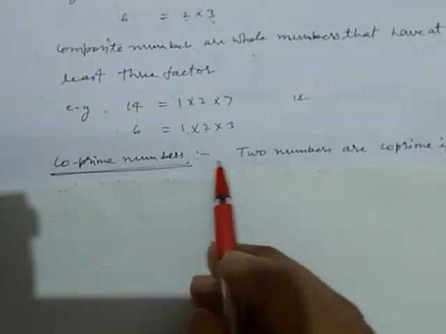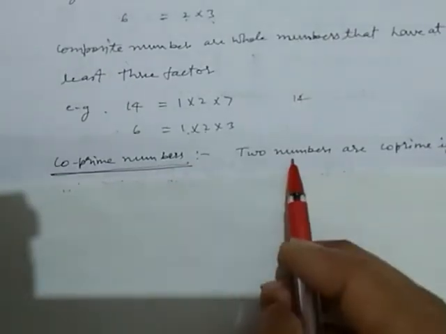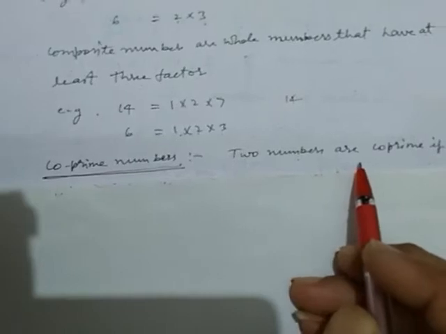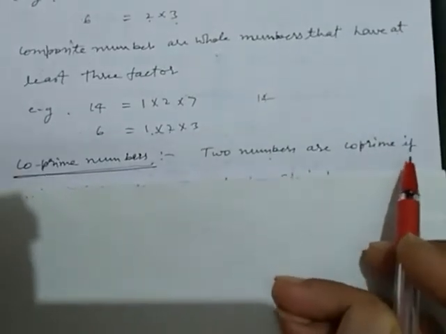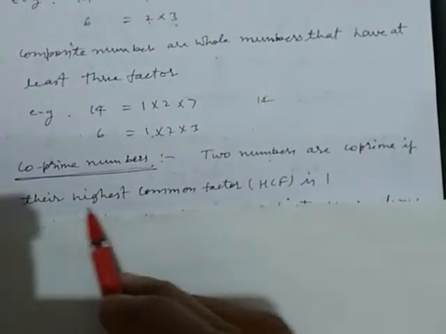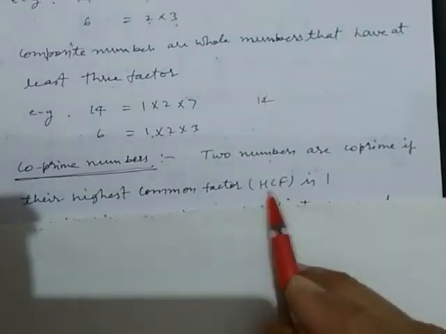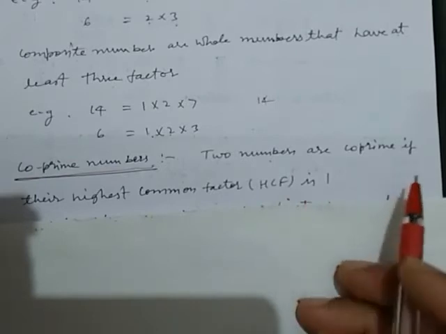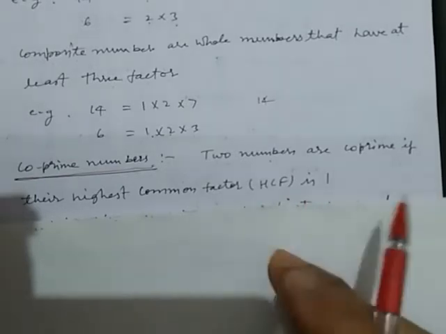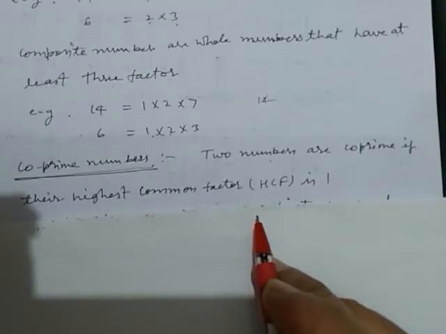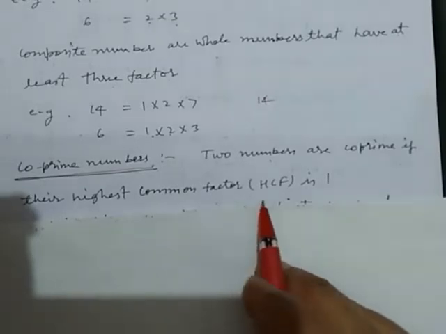Co-prime numbers. Two numbers are co-prime if their highest common factor, that is HCF, is 1. Means between two numbers there is one common factor only, which is 1.